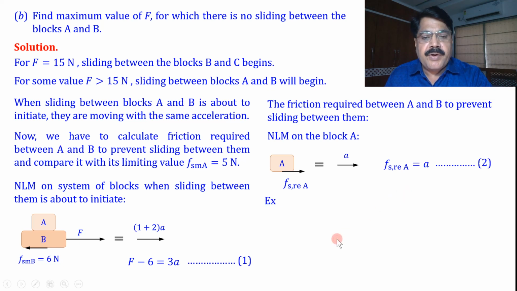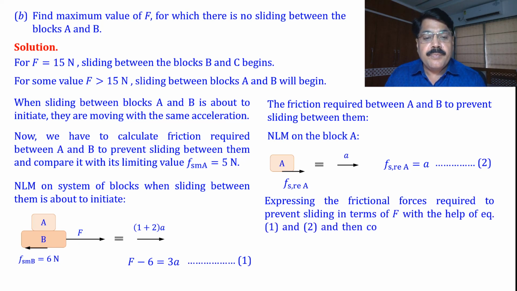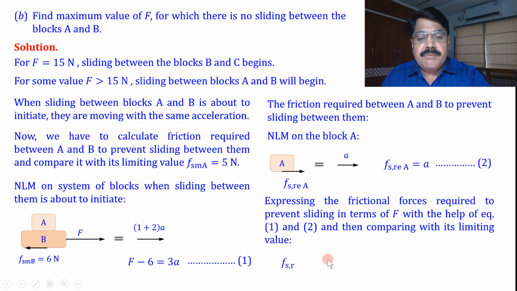Now from equations 1 and 2, what can we get? Expressing the friction force required to prevent sliding in terms of F with the help of equations 1 and 2, and then comparing with its limiting value, we can write very easily: f_s,req is equal to F by 3 minus 2, and it should be less than 5 Newton.